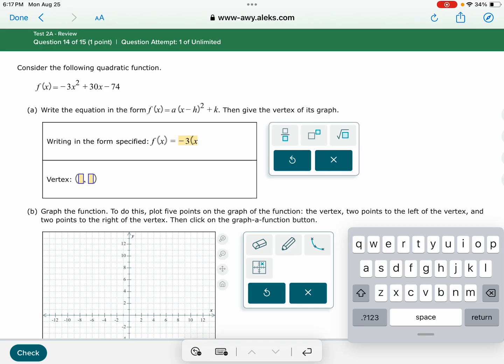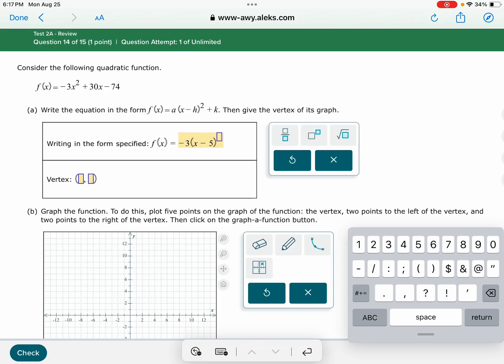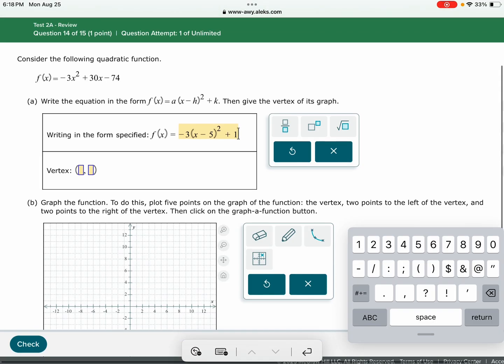We're going to give it x. We said minus 5, close parenthesis. We're going to square that. And then it was +1, I think we said. So +1. For the vertex, that's 5, 1.